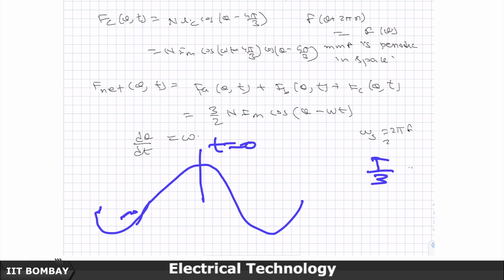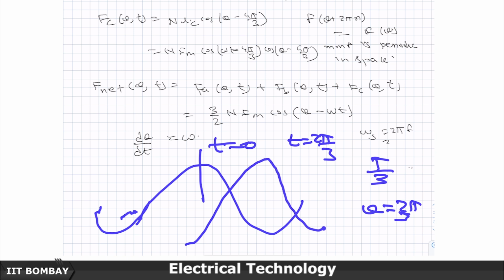So if I take theta equal to 2 pi by 3, then at that time I will get the peak sitting there, and again it is 3 by 2 NIM cos of theta minus 2 pi by 3. So the peak happens at theta equal to 2 pi by 3, its amplitude is again 3 by 2 NIM, and it is again distributed in space sinusoidally.